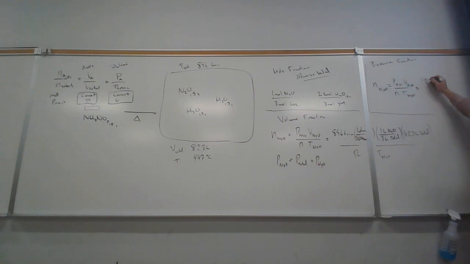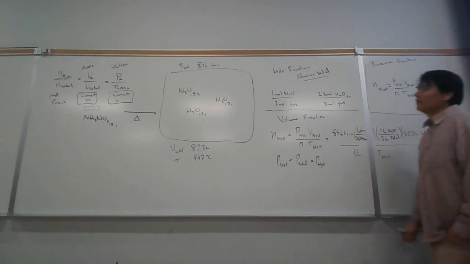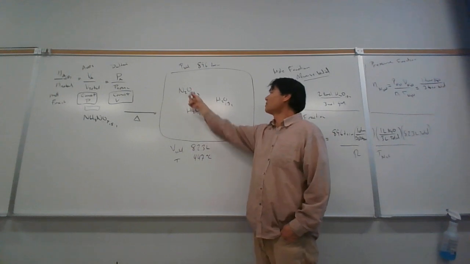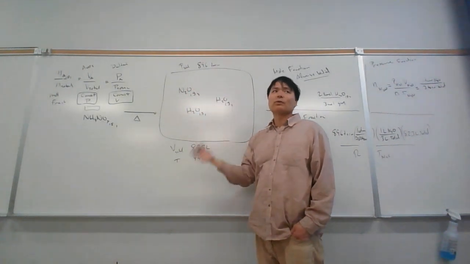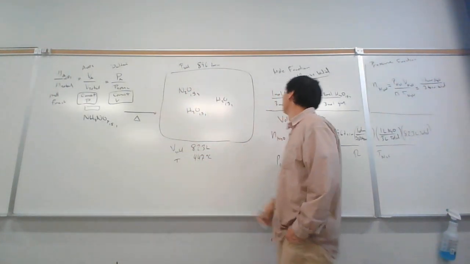That is, I'll do the pressure fraction here and then convert it. And so what is the pressure fraction? What I'm going to have is 1 torr that's going to be generated by the N2O for every 3 torrs total that's going to be generated. And so if I have 3 collisions, then one of those collisions will be N2O, and that's going to generate the pressure of the N2O.